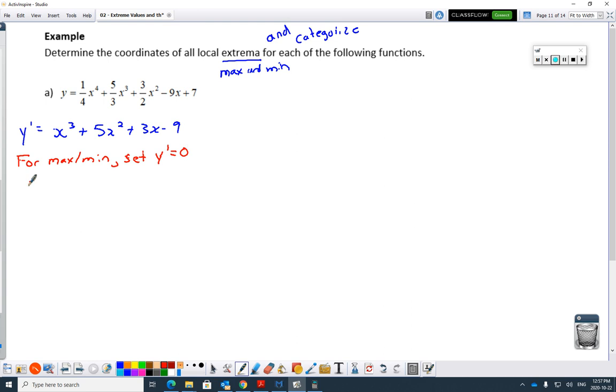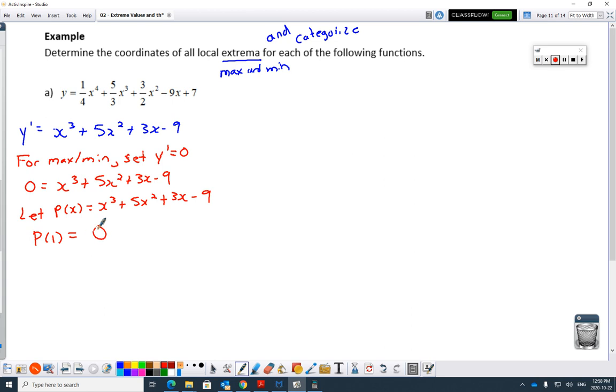So I go 0 equals x cubed plus 5x squared plus 3x minus 9. Let p of x equal x cubed plus 5x squared plus 3x minus 9. P of 1 equals 1 plus 5 plus 3 minus 9, which is 0.